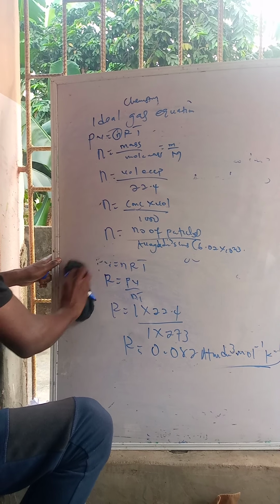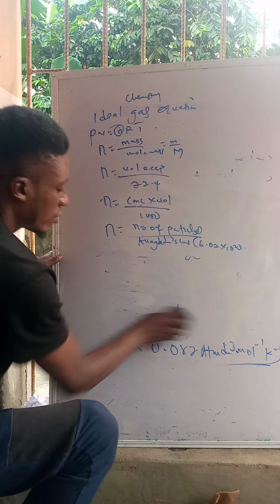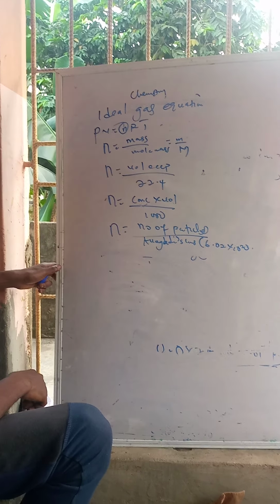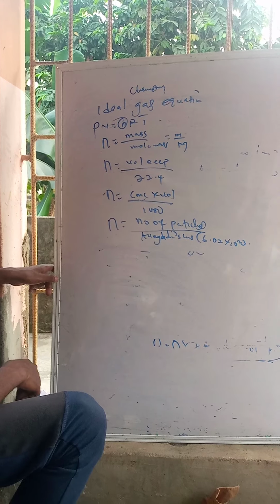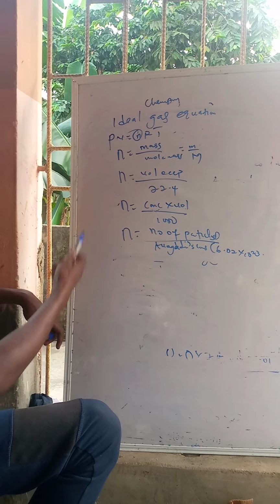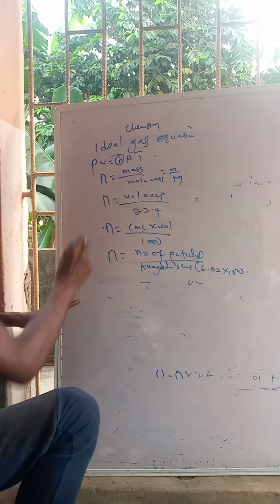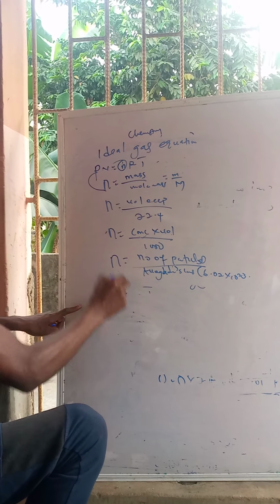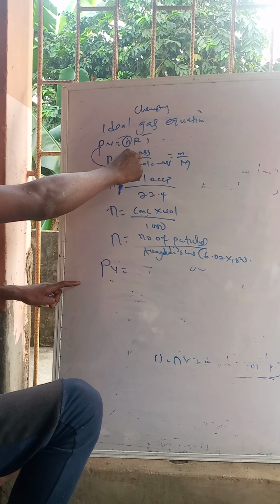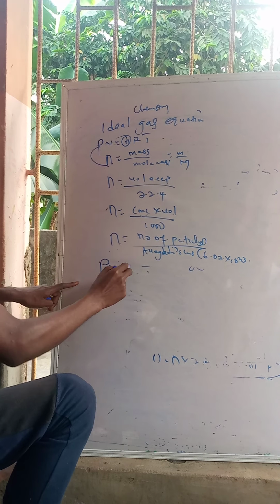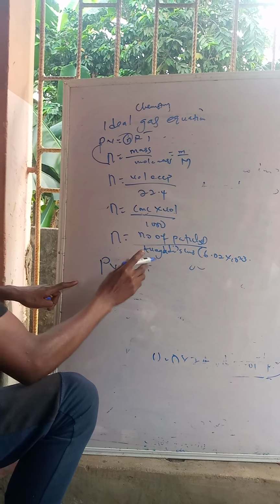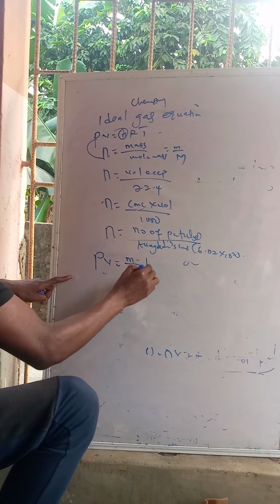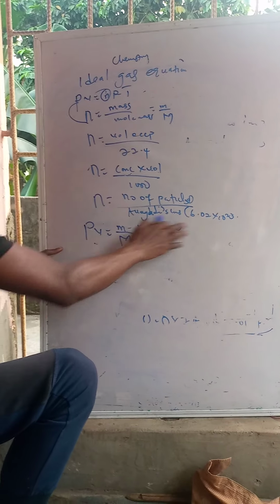So right here now, I'm going to chip in some things from the equation. Remember that number of mole is equal to reacting mass over molar mass. That's the only one I need, except if there are some crazy questions that demand the rest. So PV is equal to, instead of n, mass over molar mass times RT.